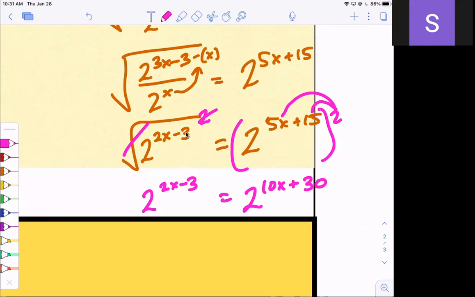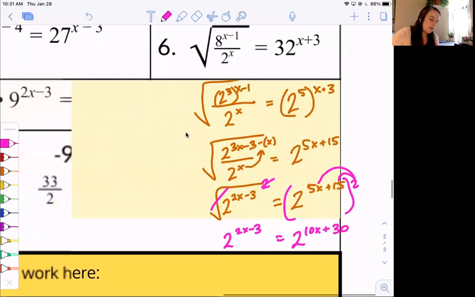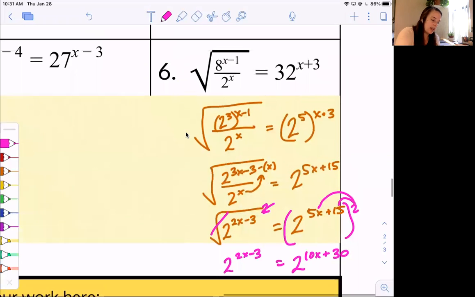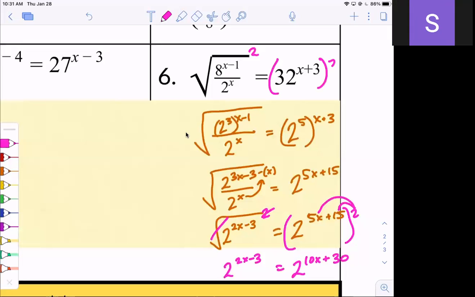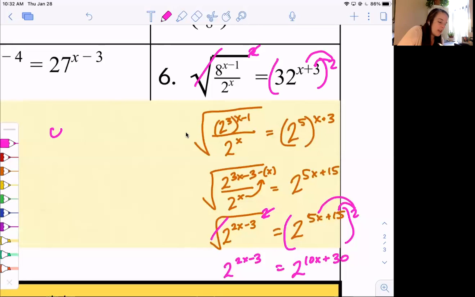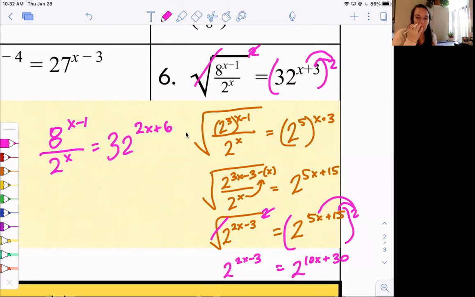Okay, thank you, Miss. You're welcome. I did the square root and the square in the beginning. Ooh, that probably could have worked. Like up here, you did square root like this and square like that. Yes. So square root and square, and then this would go on here. So you'd have 8 to the x minus 1 over 2 to the x equals 32 to the 2x plus 6. You started like that. Mm-hmm.